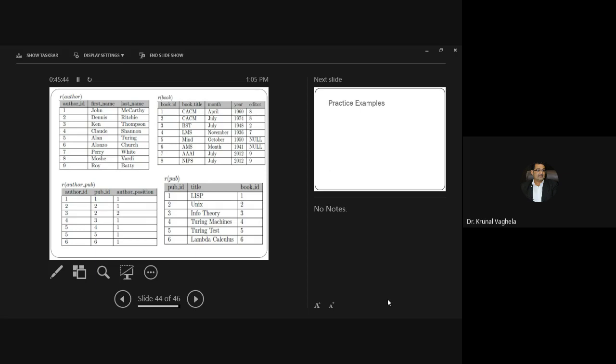I'm not asking about full outer join or just outer join, but left outer join. Okay, so this is your homework. Next lecture you need to tell me. Either you need to add author ID in book or book ID in author, then only the join is possible. There is a mistake in the table.